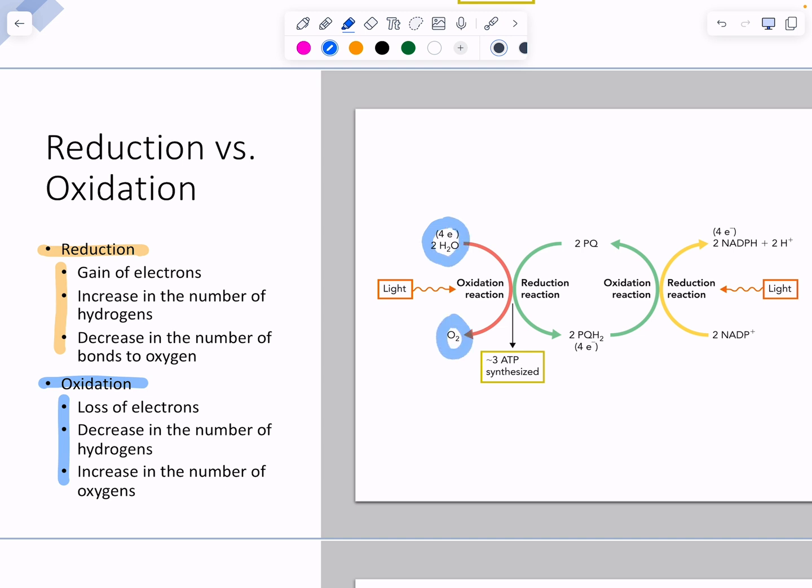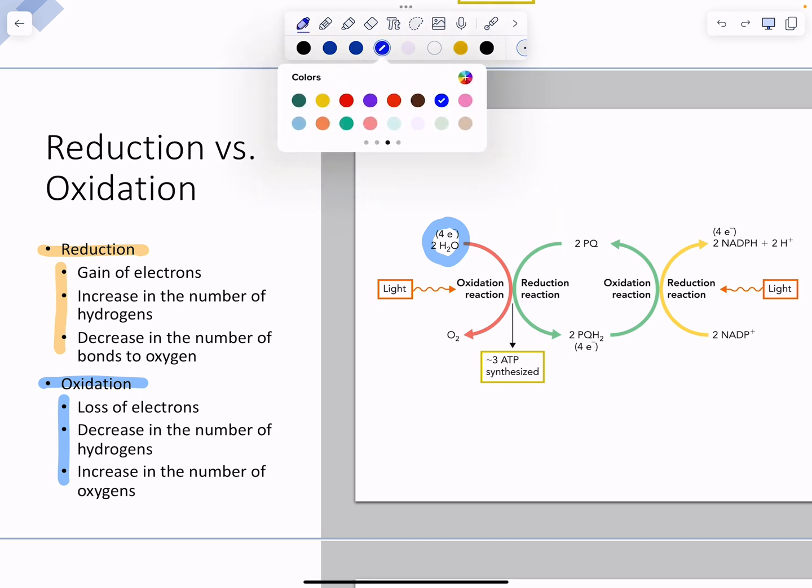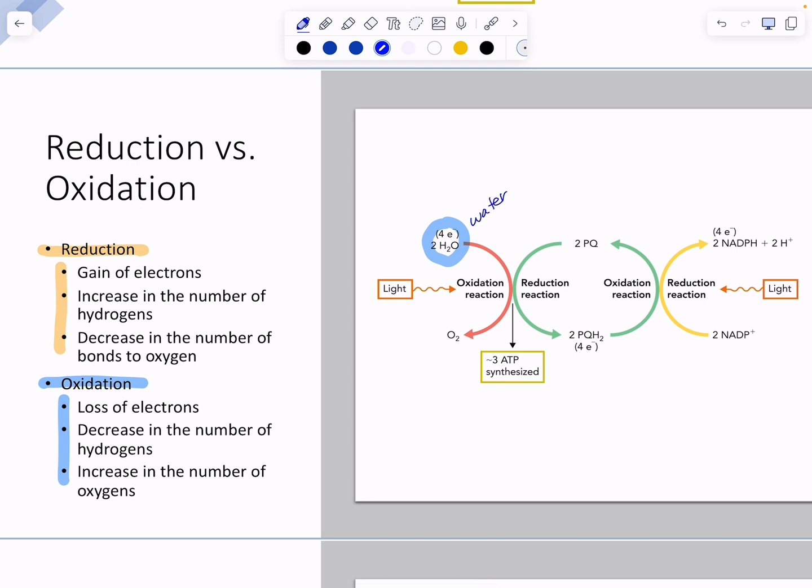In that case, we are losing hydrogens, so our system is being oxidized, right? So water oxidized to oxygen gas.